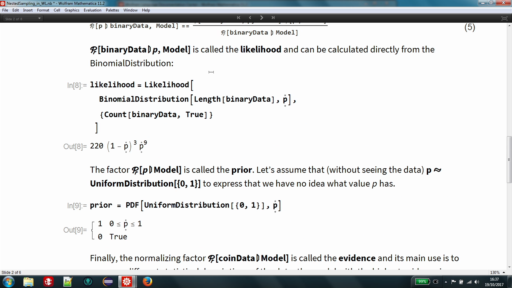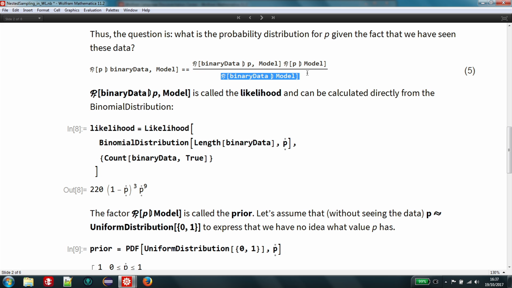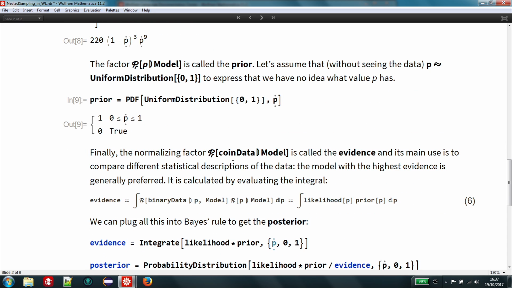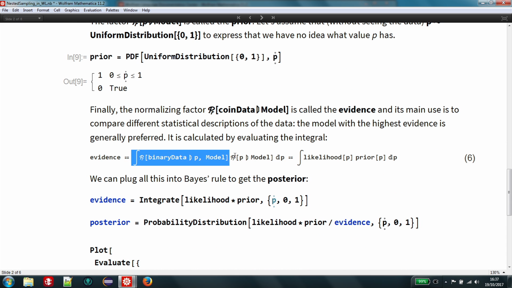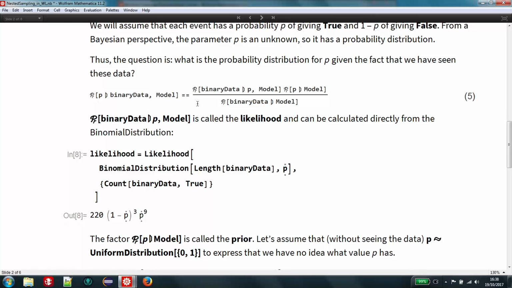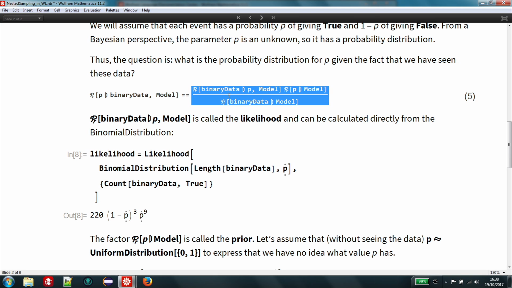And then finally, there is this thing here, which is called the evidence. And the evidence you get by integrating the numerator, because in the end this whole thing has to be a probability distribution over p.